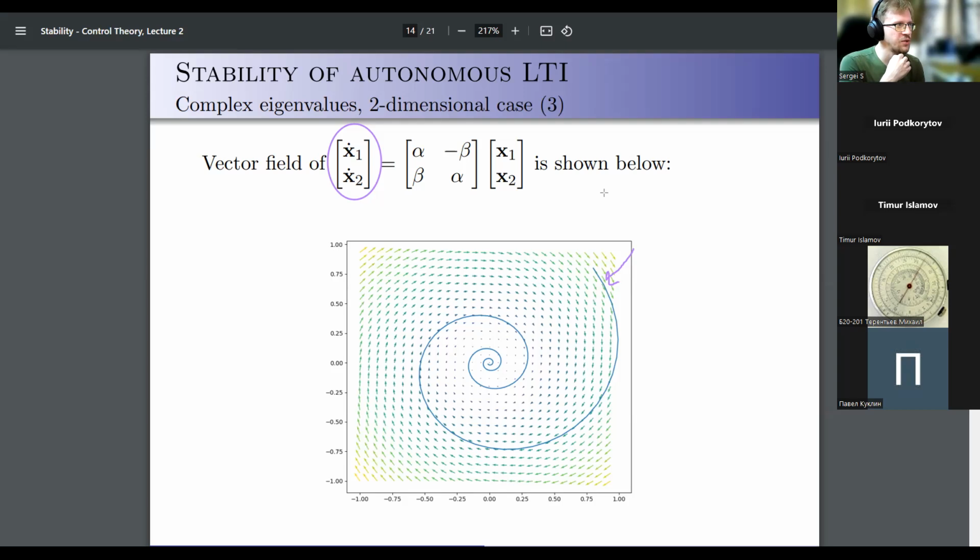If you're wondering why rotations are related to imaginary eigenvalues, I recommend two things. One is to watch some videos about imaginary numbers and rotations, for example 3Blue1Brown, very good videos. That's just a good illustration. And second, try to compute eigenvalues of a rotation matrix. As a robotics student, you have to deal with the rotation matrix a whole lot. Compute eigenvalues.